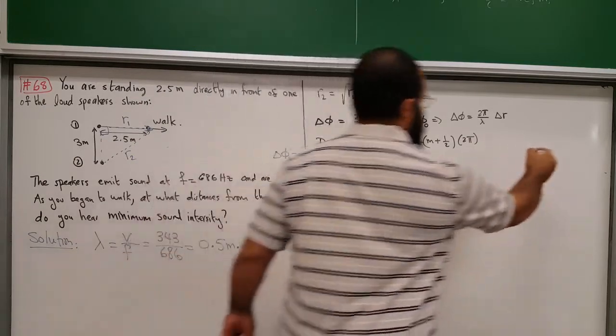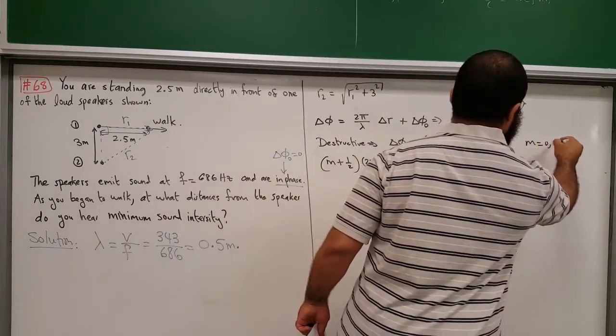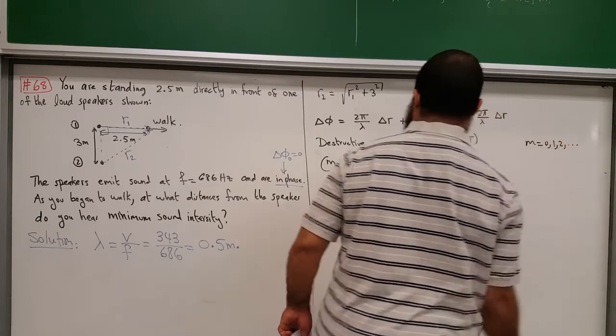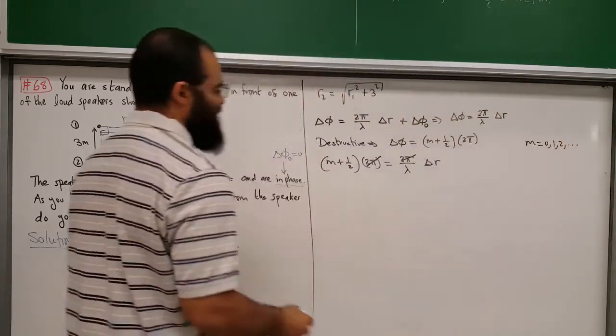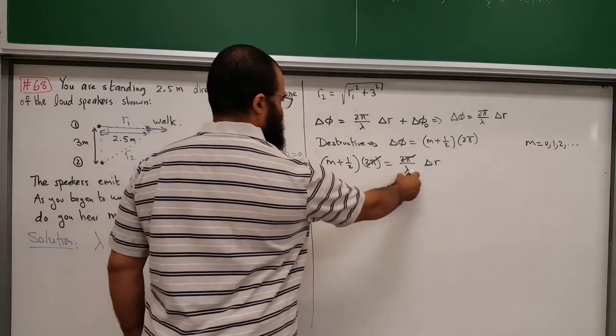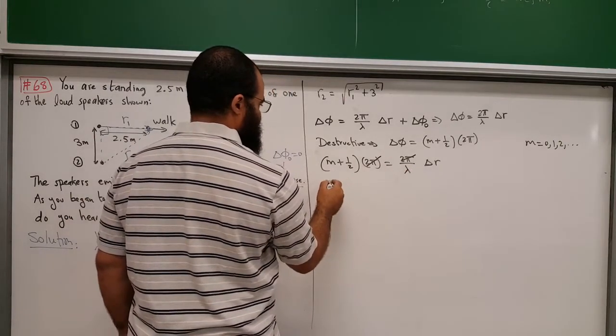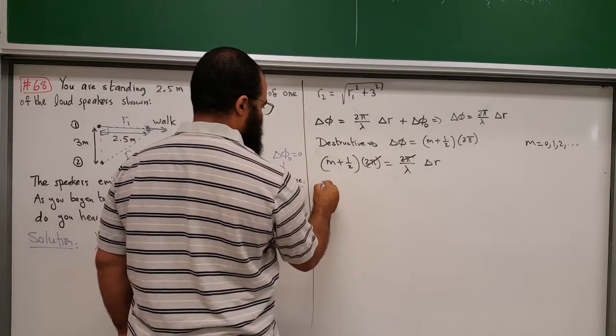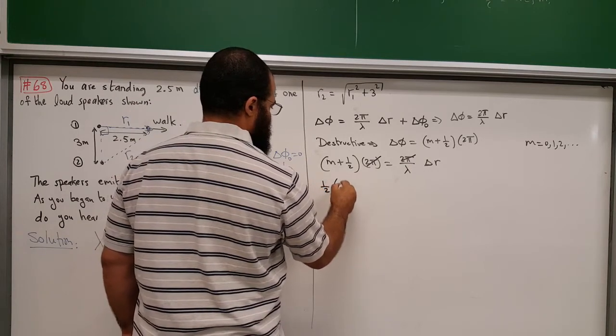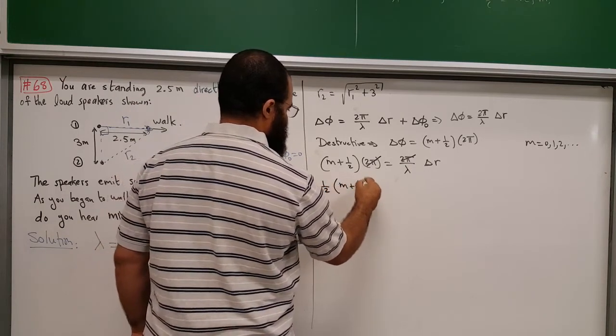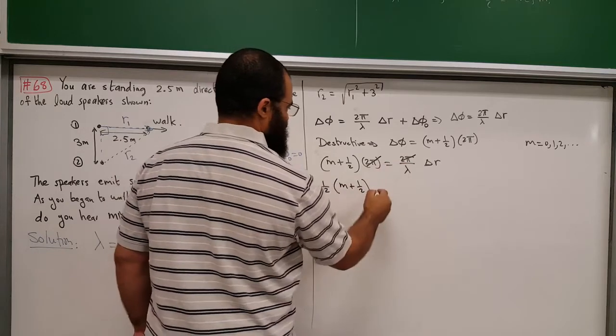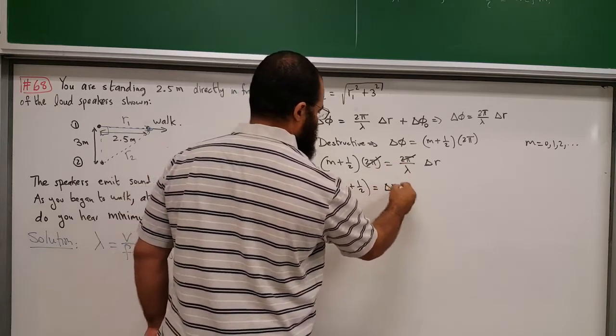By the way, m here is equal to 0, 1, 2, and so on. Multiply both sides by lambda. Lambda is 0.5, so you get 1/2 times m plus 1/2, because lambda is 1/2, will equal delta r.